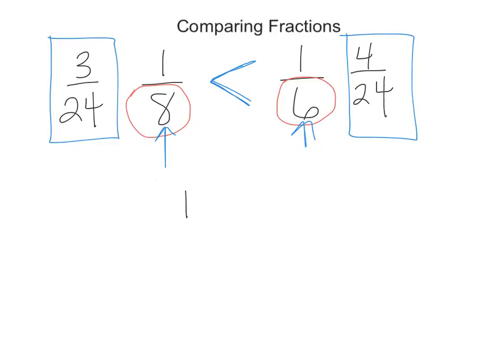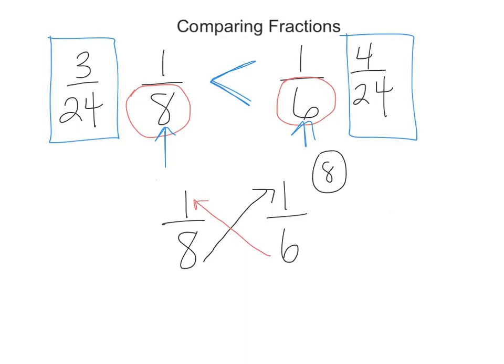I can also use cross multiplication as a quick way to check my answer. So I go from denominator to numerator and multiply across. 8 times 1 is 8. Now start from this denominator to this numerator. 6 times 1 is 6.